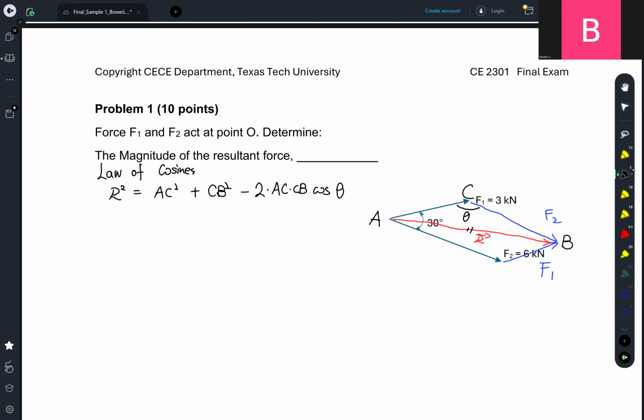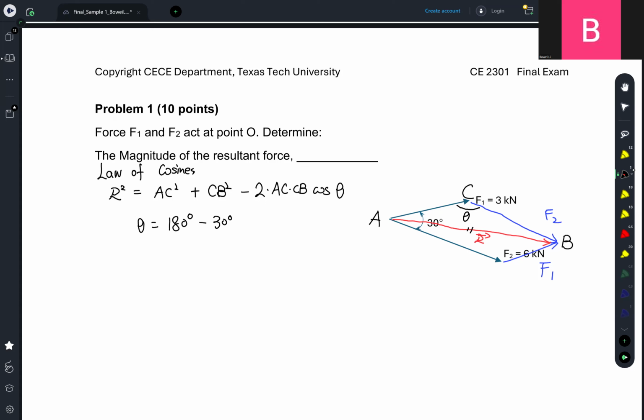Okay, so you can think about that here, right? Since theta is the internal angle of the parallelogram, and we also know another internal angle here, which is 30 degrees, then theta will equal 180 minus 30 degrees here.